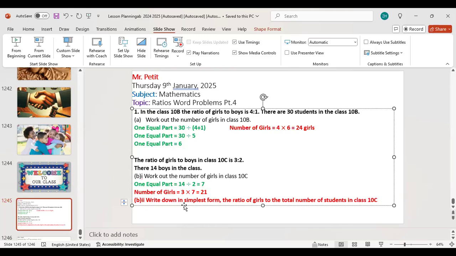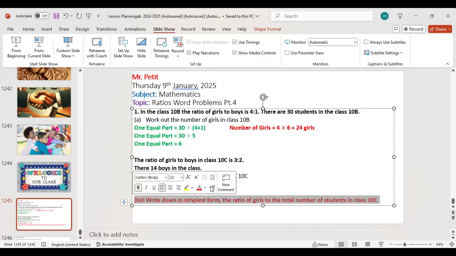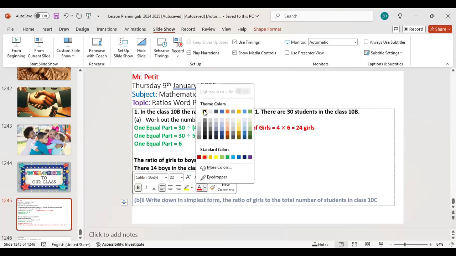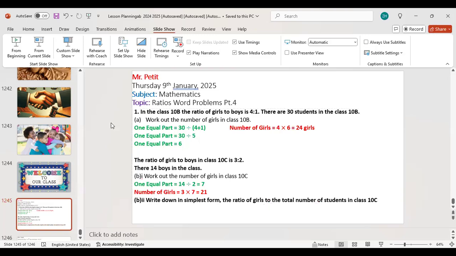Now this one is definitely a read-to-lead one. You have to read the question and get a good understanding of what it's saying. They want us to write in simplest form the ratio of girls to the total number of students in class 10C. I think I should put this on the other side because we're going to need that.